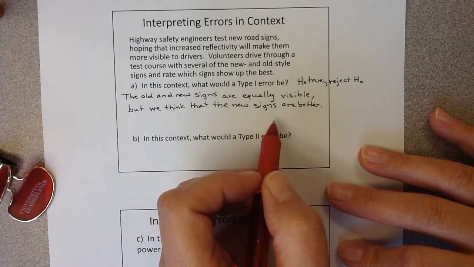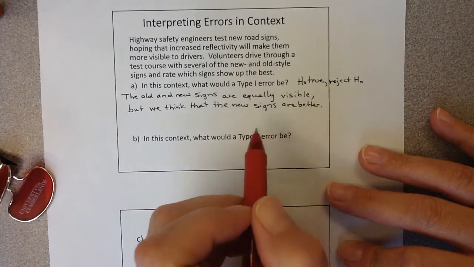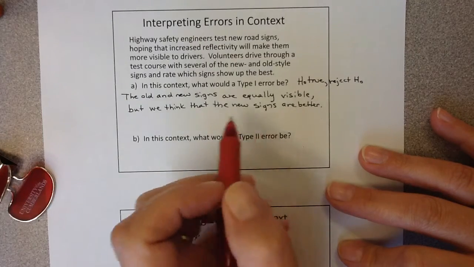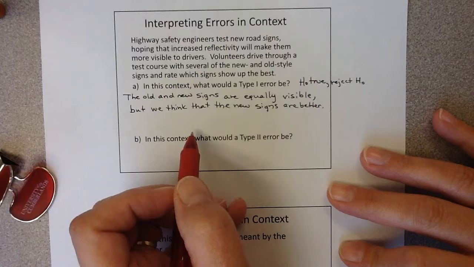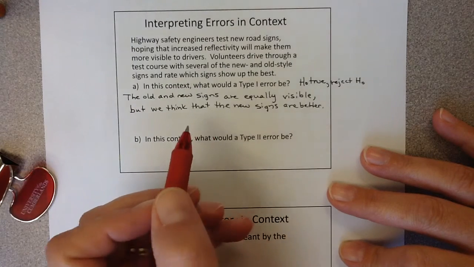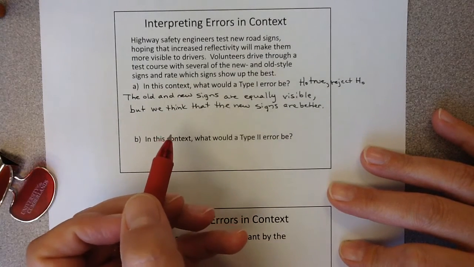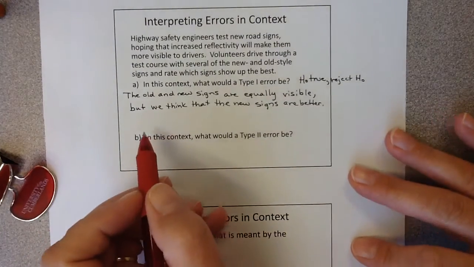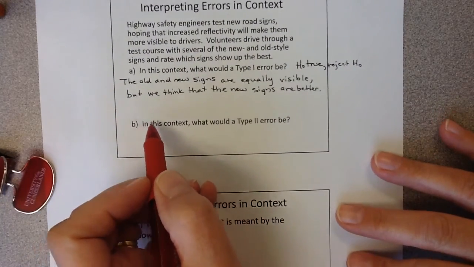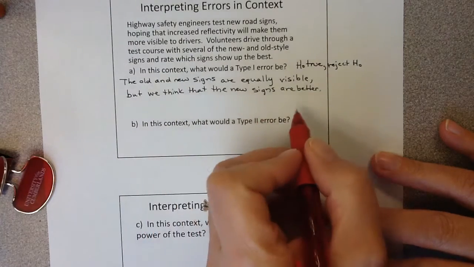So we're probably going to spend some money replacing old signs with new ones, but they don't really work better. So we've thrown money down the drain to put new signs up that really aren't more helpful than what we had before. Okay, on the other hand, if we commit a type 2 error, what would that be?